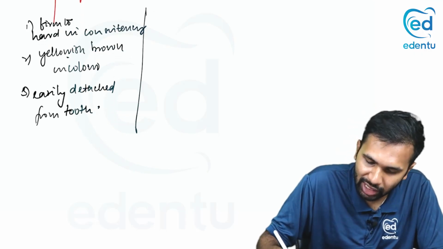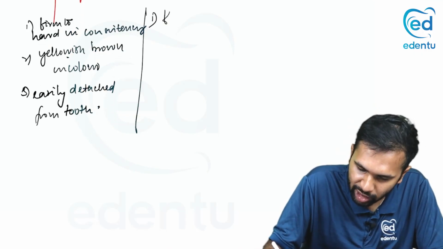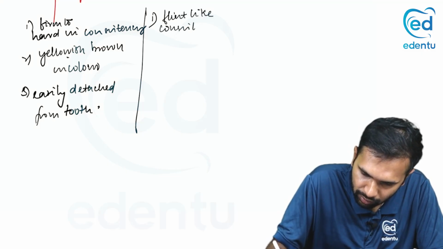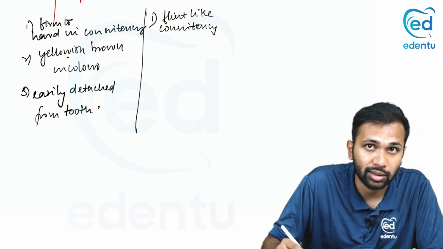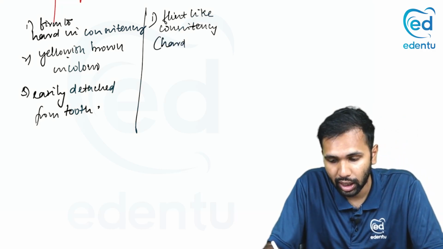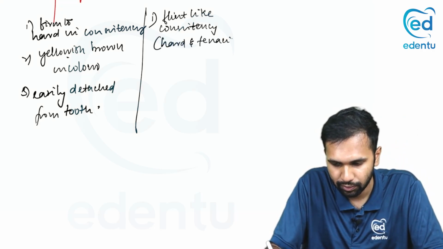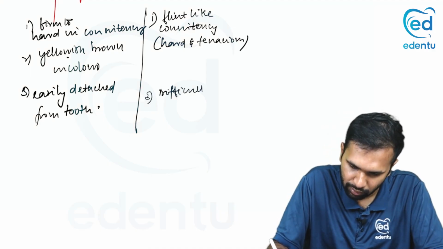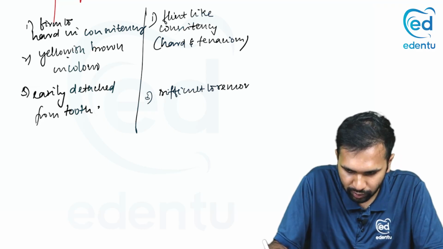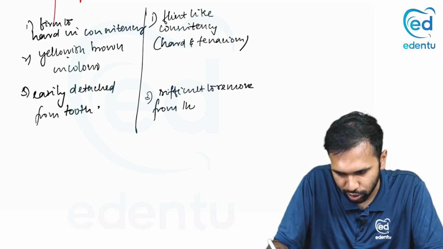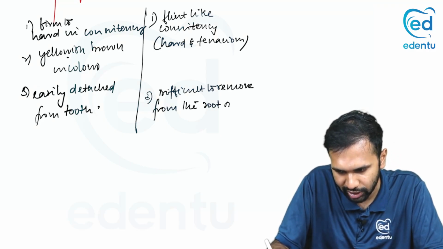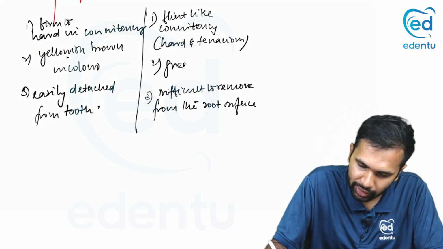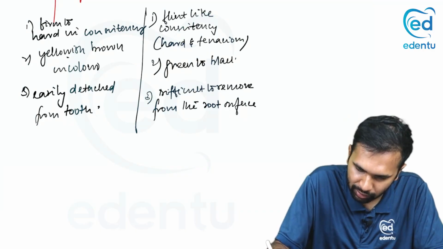Whereas subgingival calculus has been referred to as having a flint-like consistency, meaning it is much harder and more tenacious. It is very difficult to remove or detach from the tooth surface or root surface, and it is green to black in color.